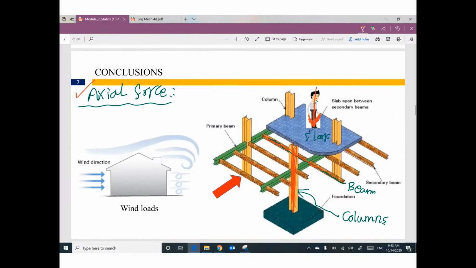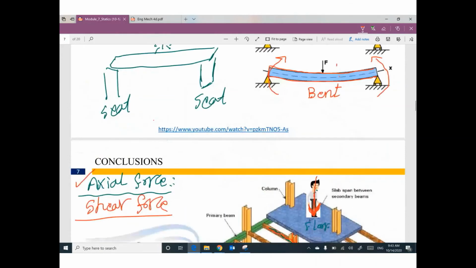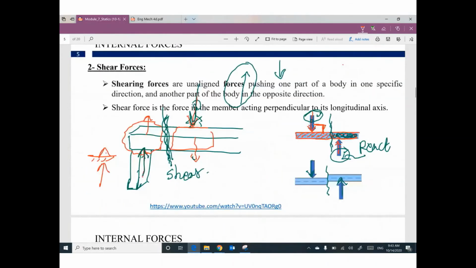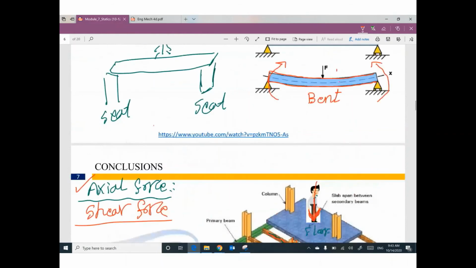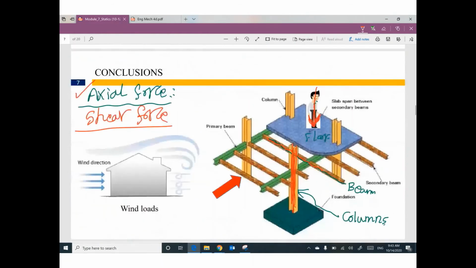Okay? Which member or which part of the building is under the effect of shear force? Okay, go back. Which force makes shear? The force perpendicular to the member. So which member is perpendicular to your force? I believe your force is coming down vertically.